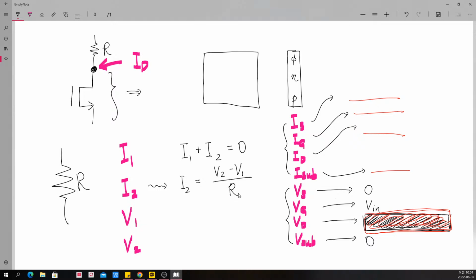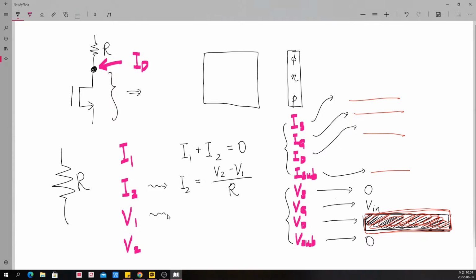Of course, if you have, for example, a capacitor, then instead of that, you have to say I2 equals C times d(V2 minus V1)/dt, the derivative with respect to time. So that will be the information we require for terminal currents. So from these two relations, we can completely specify two terminal currents. Then how about the terminal voltage?